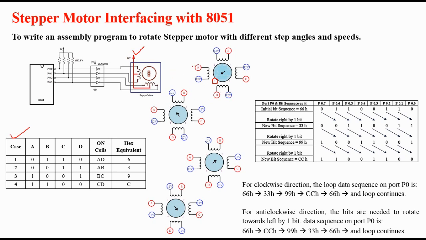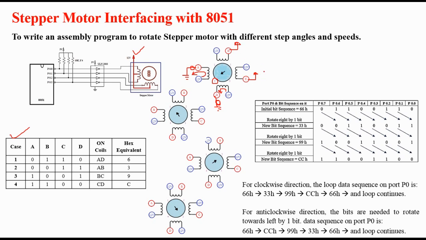Okay, now we will make these A and D pins 0. If those two pins become 0, then what will happen? The current will start flowing through this coil like this. Whereas those other two coils are tied to VCC, so they remain high.